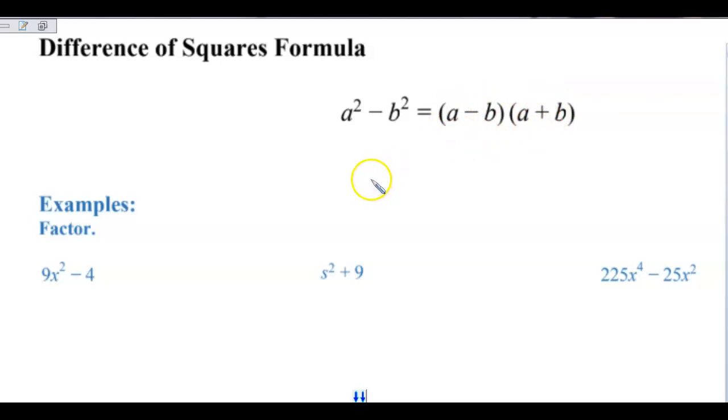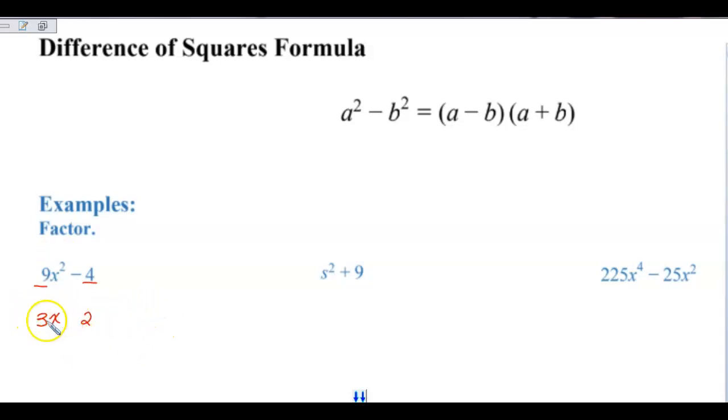So when I am looking at this example here, I have 9x squared minus 4. I notice that 9 is a perfect square, and I notice that 4 is a perfect square. The square root of 9 is 3, and the square root of 4 is 2, and the square root of x squared is x.